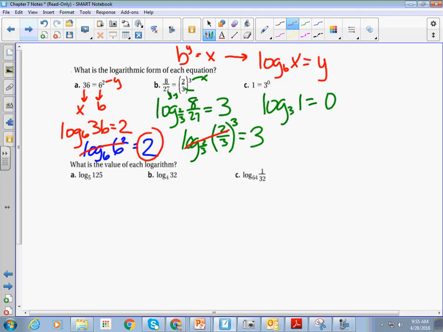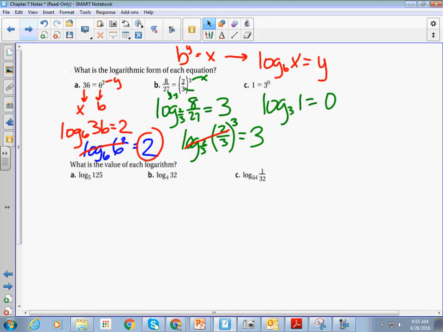The log and the base cancel each other out. I'm left with 3. I don't have the same here, although I could write 1 as 3 to the 0, but I'm not going to.